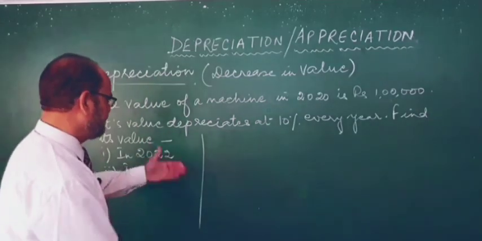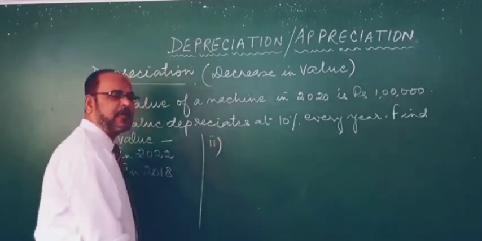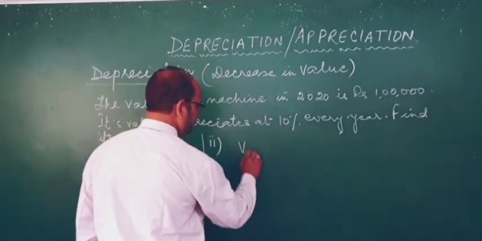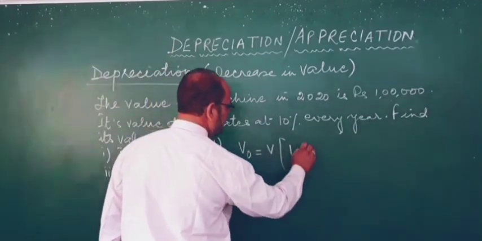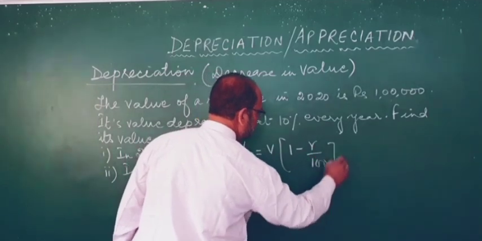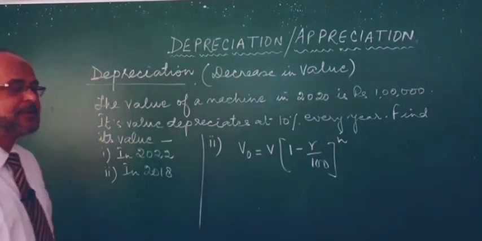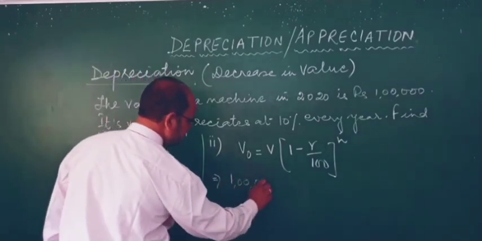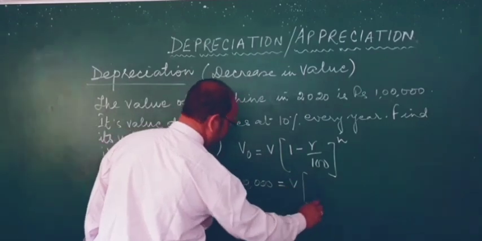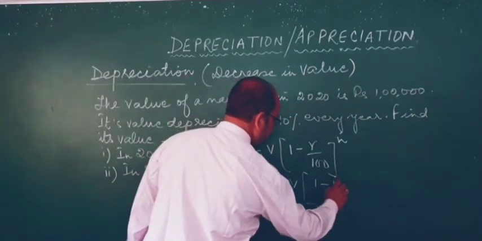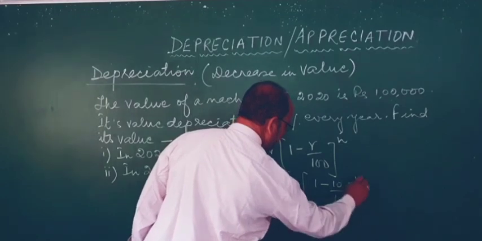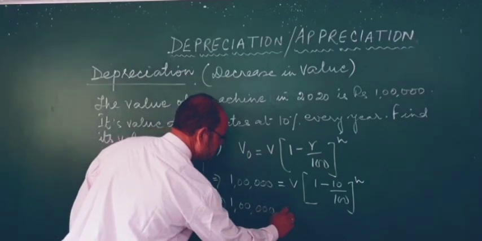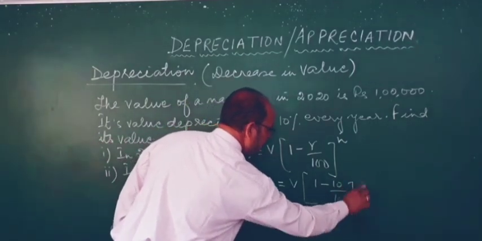Alright, now let's attempt the second part. In the second part, we have to find the value of the machine 2 years ago. So we will write the formula V0 equals V (1 minus R upon 100) to the power n. Now we will substitute the values. V0 is the present value, it is 1 lakh. V is the value n years ago. 1 minus R is 10 upon 100 to the power n. This will be 1 lakh equals V, power 2.